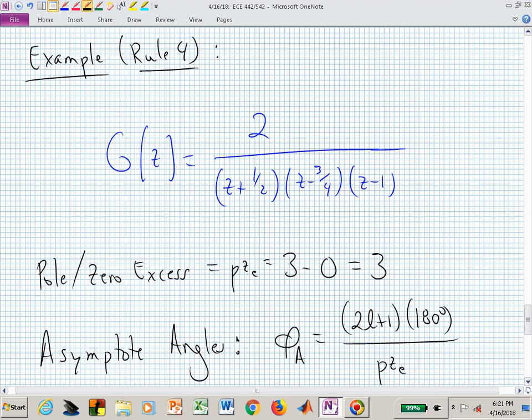Now you just have to pay attention to the sign of those values. You have 3 poles, no finite zeros. So the contribution due to the zeros is not going to be any. But we have a pole at, working from negative infinity to the positive, where's our first pole? Minus 1/2, then 3/4, and 1.